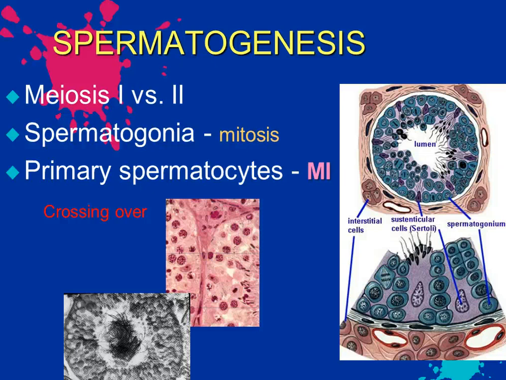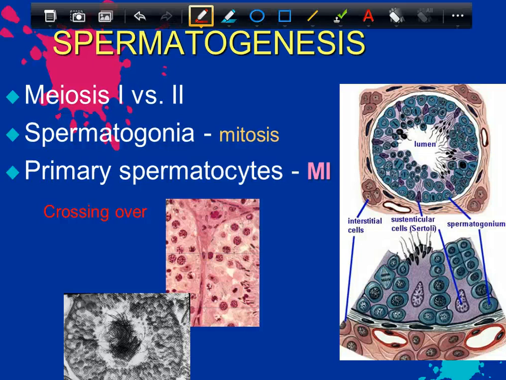Alright, so you're looking at a seminiferous tubule right there. I've already told you that the cells begin here around the edge. These cells are called spermatogonia. They have 46 chromosomes. Now, they are not actually going to begin meiosis. They just undergo mitosis.